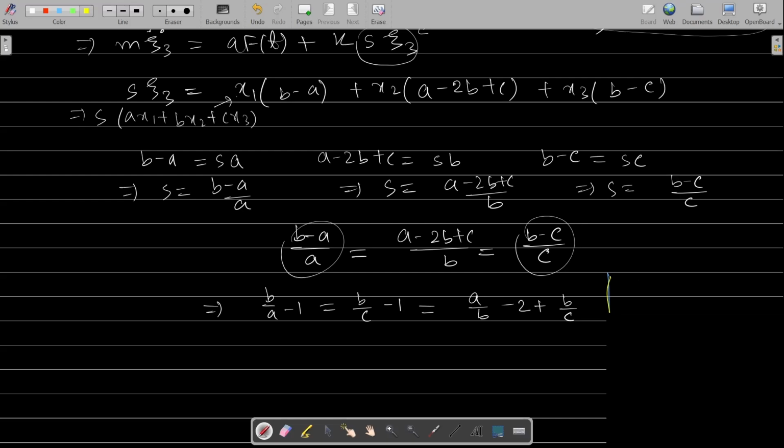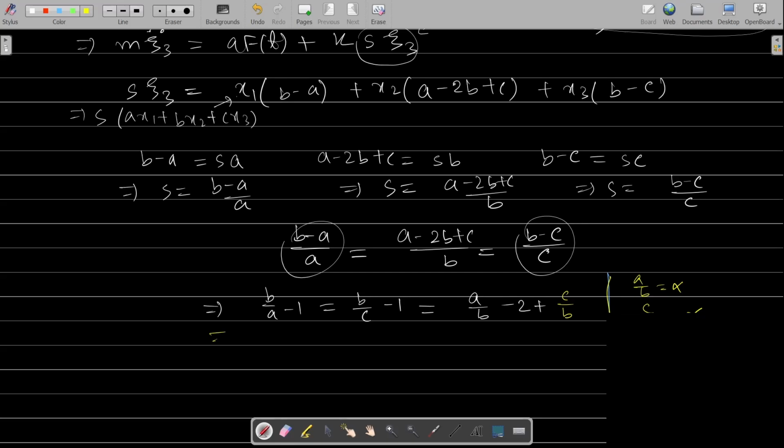We take a by b to be alpha and c by b to be gamma. Actually this is not b by c, this is rather c by b, so that's gamma.